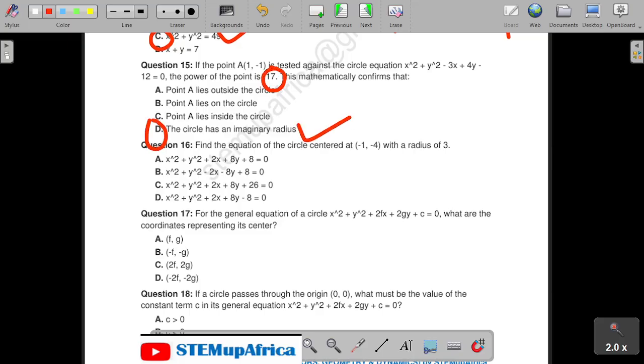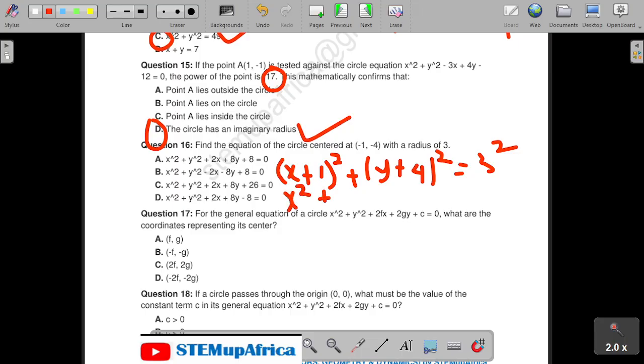So find the equation if the center is given and the radius is given. We have (x minus a, my a being plus 1) squared, (y plus 4) squared equals 3 squared. So that will give me x squared plus 2x plus 1 plus y squared plus 8y plus 16 equals 9.